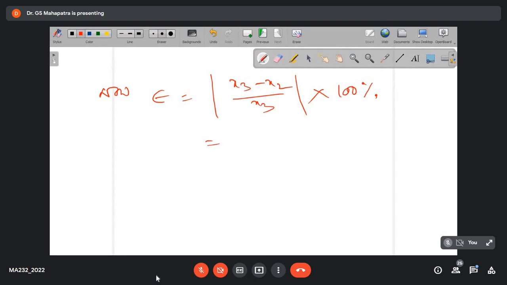You know the solution, 1.82. It is less only, but still you should go for one more stage or one more iteration. So now you just tell me the epsilon value.